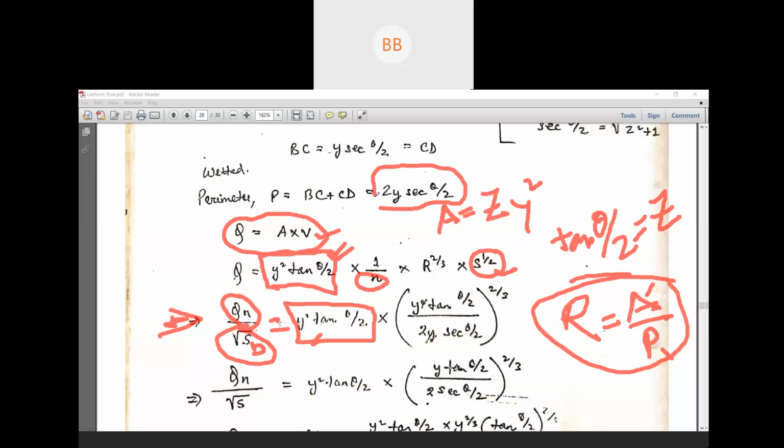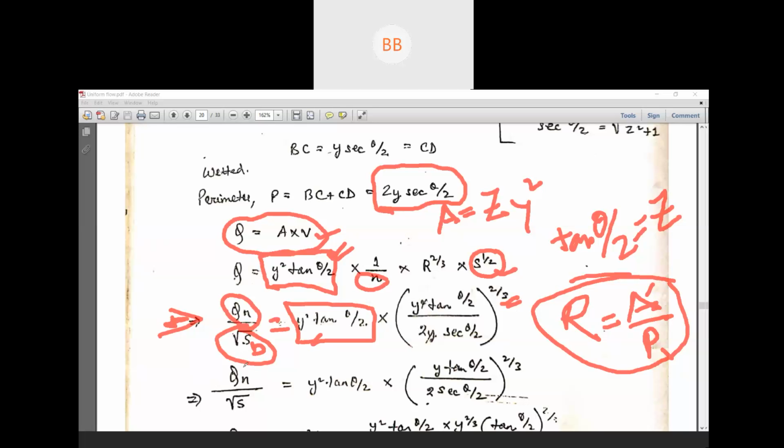We have already found out the expression, that is twice y sec theta by 2. So y square tan theta by 2 divided by twice y sec theta by 2, all to the power 2 by 3. So that is y square in the numerator, and denominator we have y. So one y will be cancelled out.